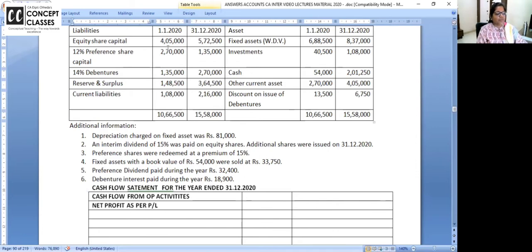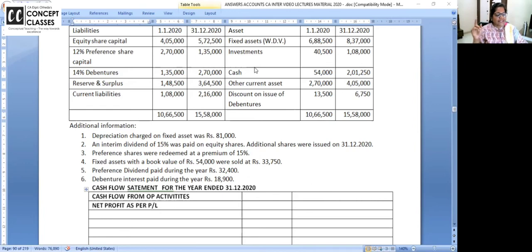Equity share capital is 4,05,000 and now it is 572. Definitely, please pay attention to my analysis in this problem. And if you want me to repeat anywhere, put me a message in the chat box. Ma'am, I'll repeat. Okay, right. Now, equity share capital, it's 4 lakh, now it is 572.